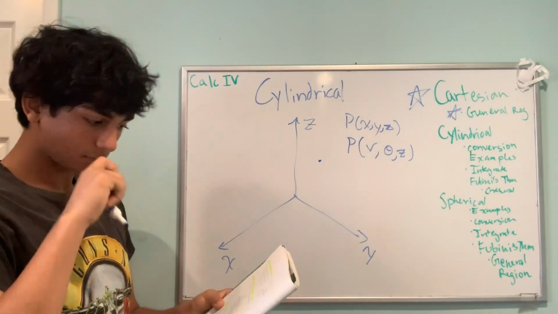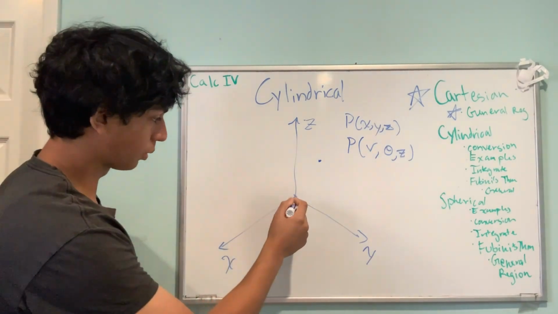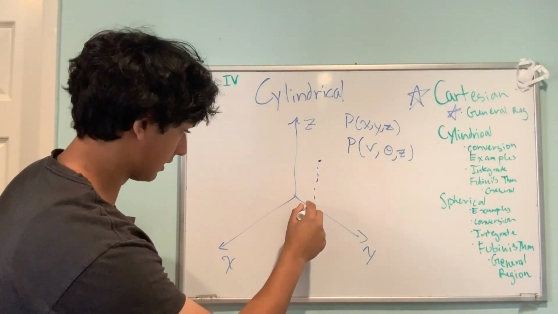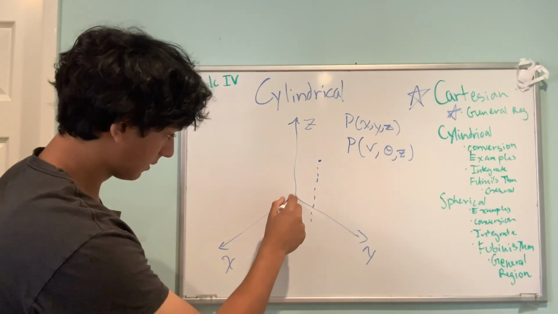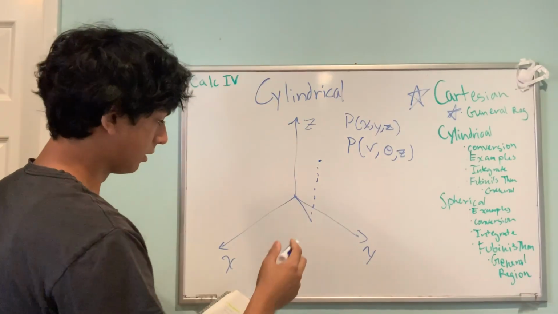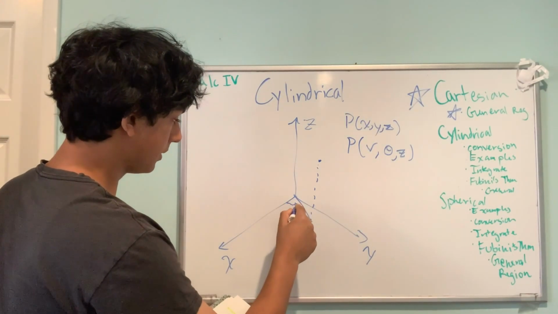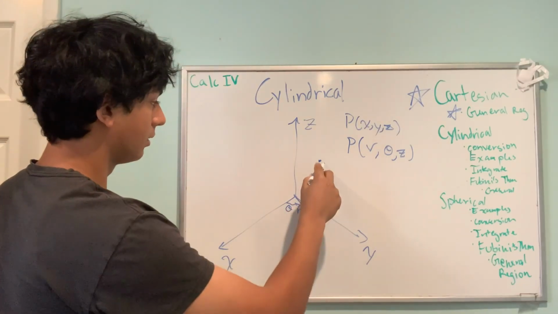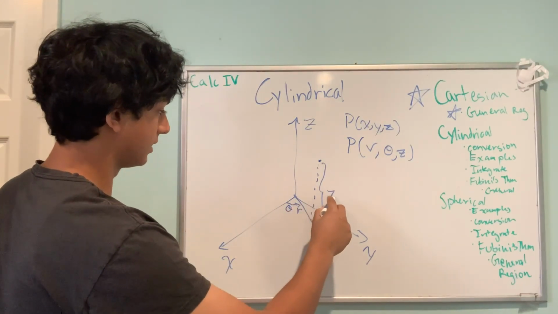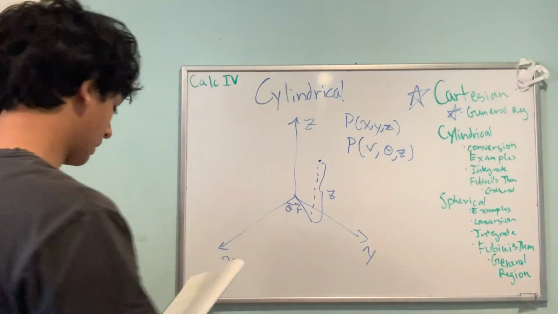And r, theta defines its polar coordinates here. So if we take it down here, this over here would be our r value, and this over here would be our theta value, while this stays as z. That's the cylindrical coordinate system.